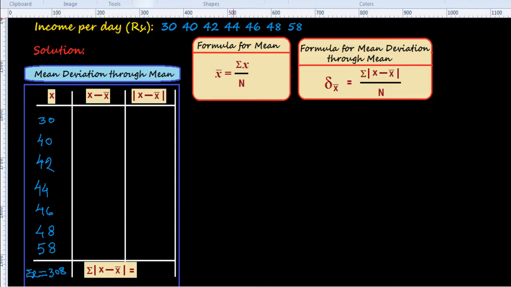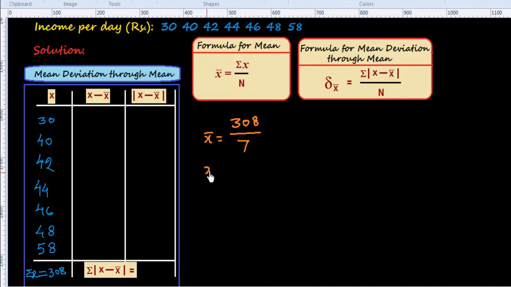Now we find x bar is equal to, the summation of x is 308, and the total number of terms, we look at this, 1 2 3 4 5 6 7 terms we have.